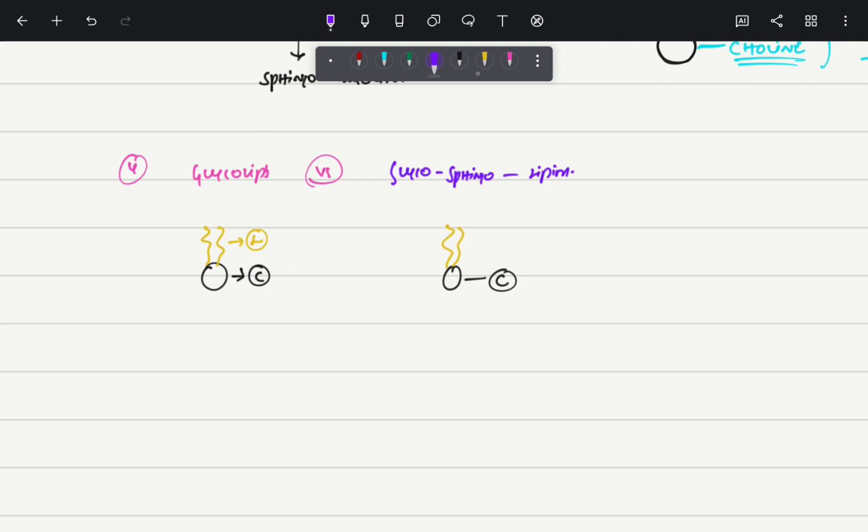So here we have the lipid component, which is your fatty acids, and to these fatty acids we have sphingosine. Examples of glycosphingolipids include glucosylceramide and galactosylceramide.